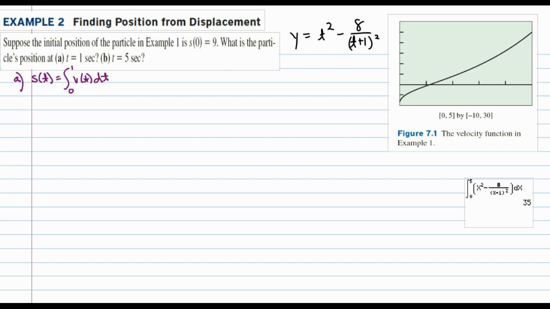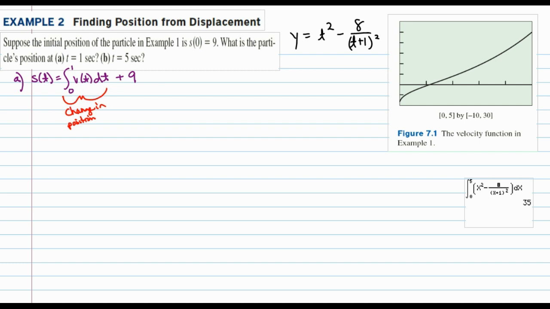So let's take the equation s of t equals the antiderivative from 0 to 1 of v of t dt. So the integral of velocity over the span 0 to 1 seconds. That's going to be your displacement. Now I need to add on the initial position, the 9 units we already started at.